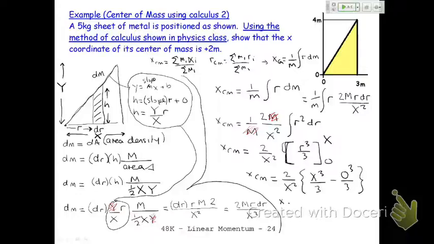So my x centre of mass is equal to 2/3 x. So x centre of mass is equal to 2/3 of 3, which equals 2 meters.